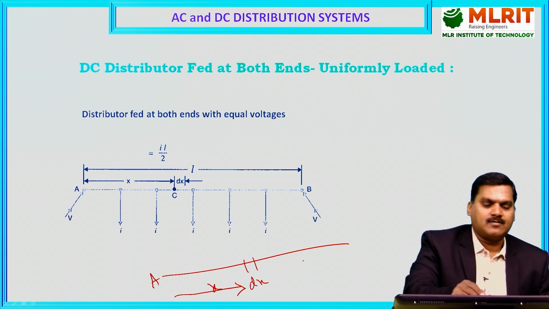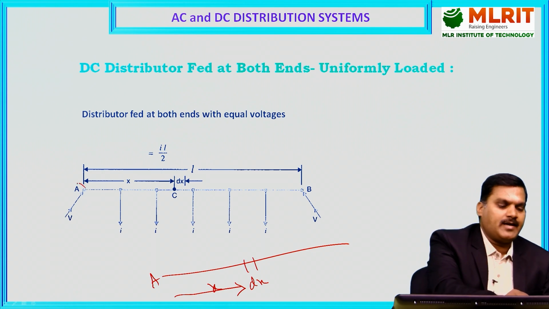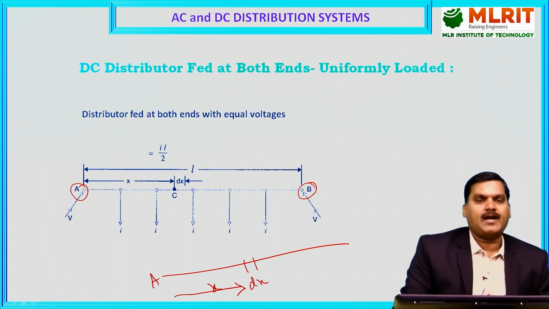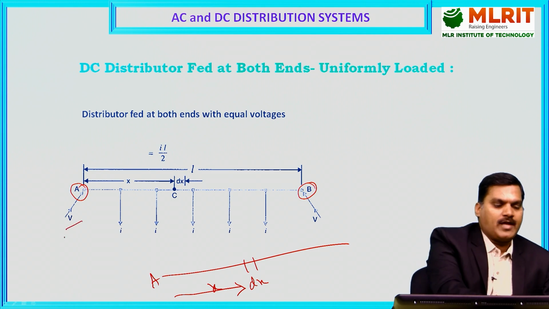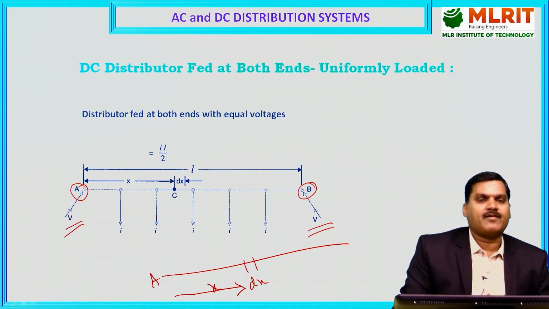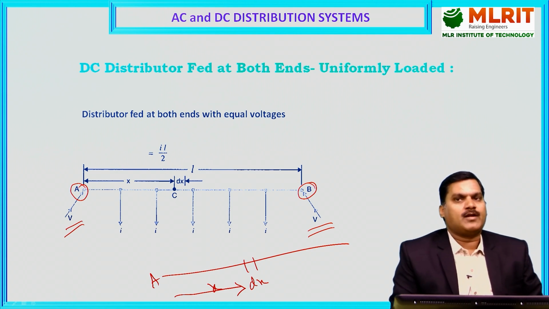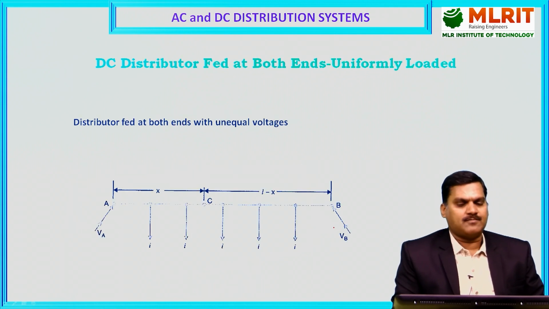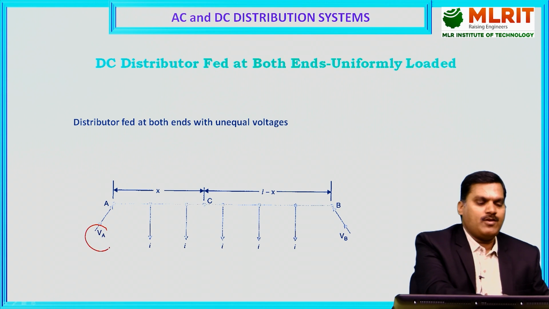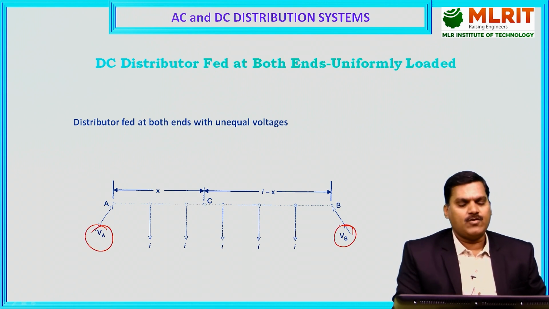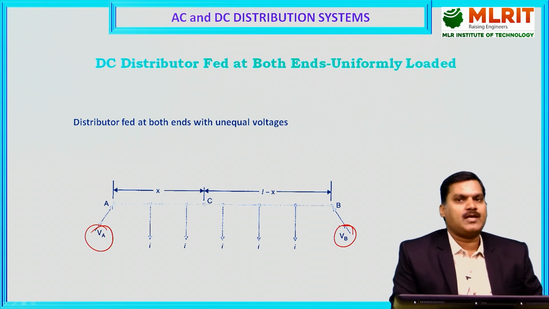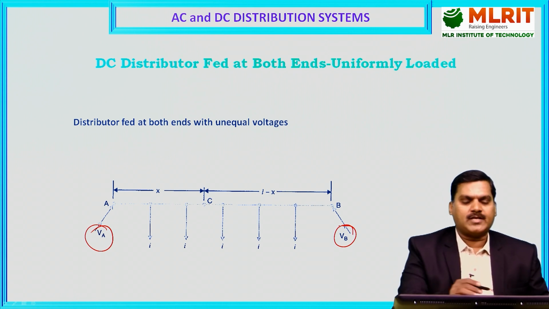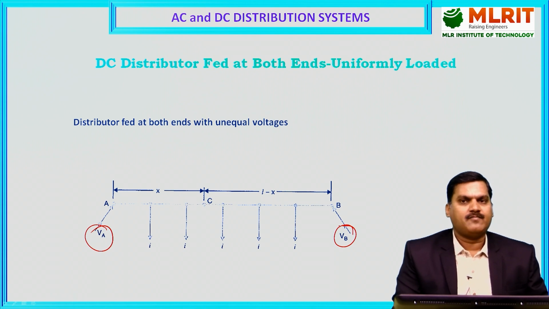So the analysis will be done by taking an elemental length, and moreover this system is fed at both ends, feeding at end A and feeding at end B, with equal voltage. There may be different cases, different analysis with equal voltage and with unequal voltage. And if you see one more system, the same uniformly loaded system with unequal voltage, this is also the same as the previous one, but both ends are fed at different voltages. So these are the different systems.